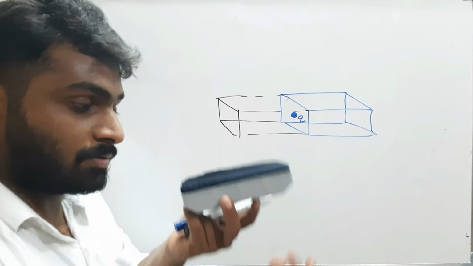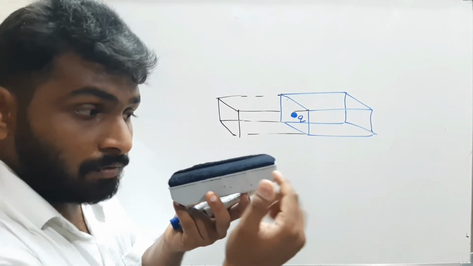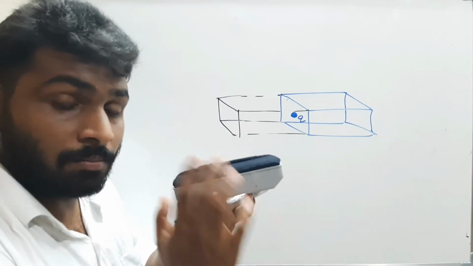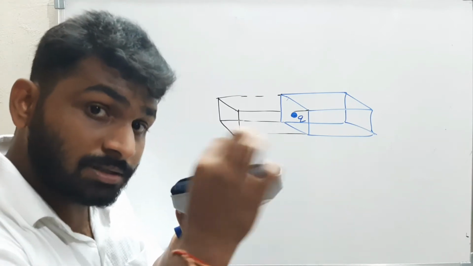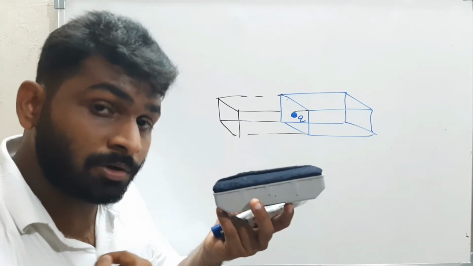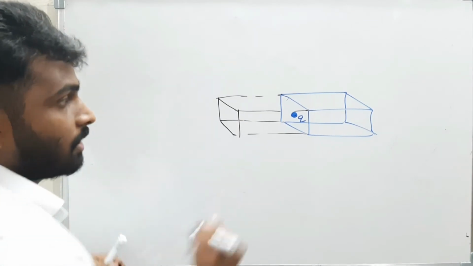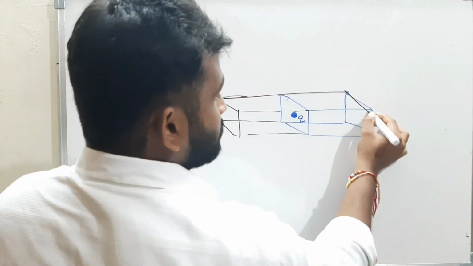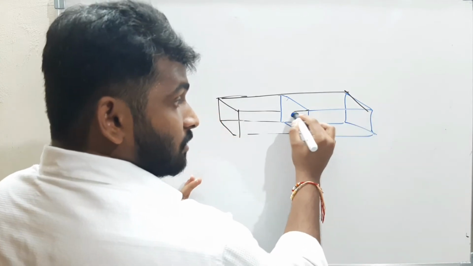Here, this is one body and the charge is present here. Only half is inside and the remaining half is outside. But always you have to assume a Gaussian surface in such a way that the charge will be inside the Gaussian surface. Therefore, I am assuming the Gaussian surface as a cuboid. This whole is a Gaussian surface, and inside this Gaussian surface the charge is Q.